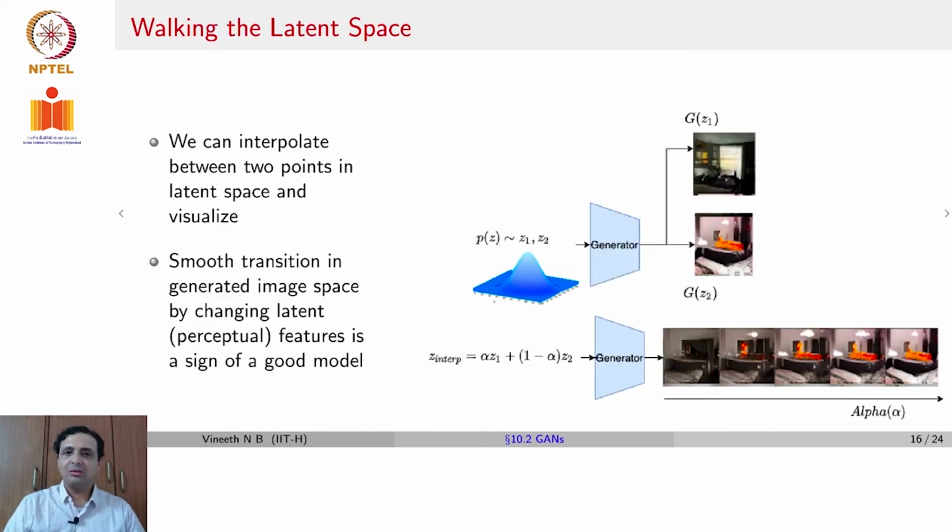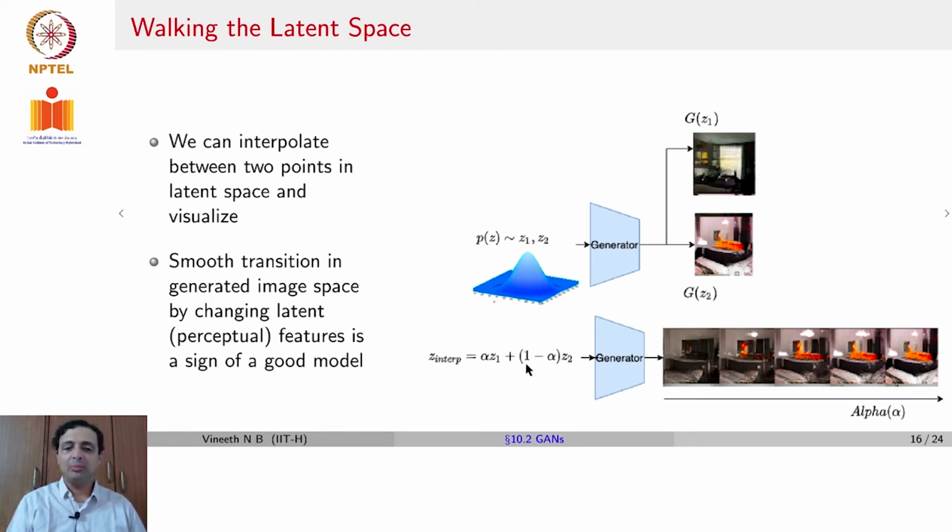So we talked about playing with the latent space to generate different kinds of images. So this is an interesting experiment. What DC GANs demonstrated is if you had two latent samples, Z1 and Z2, that you sampled from the Gaussian, and you sent them through the generator, you would get two different outputs, because that's what two latents are sampled for.